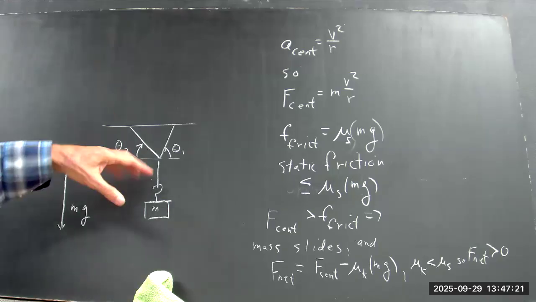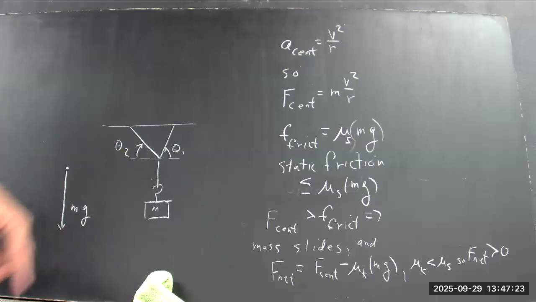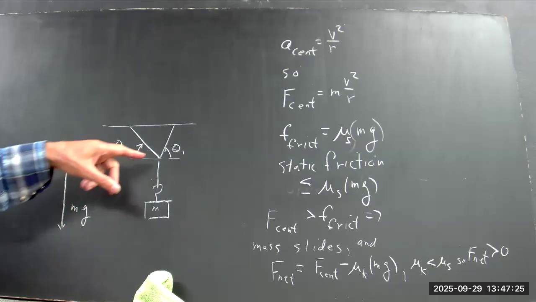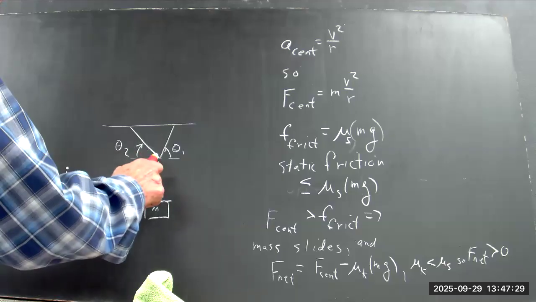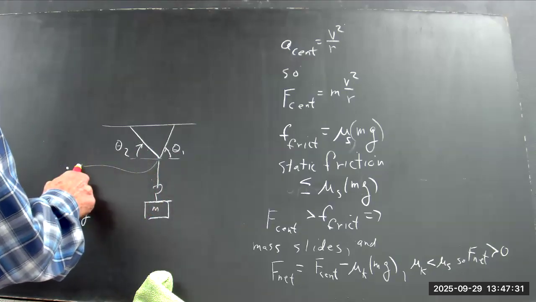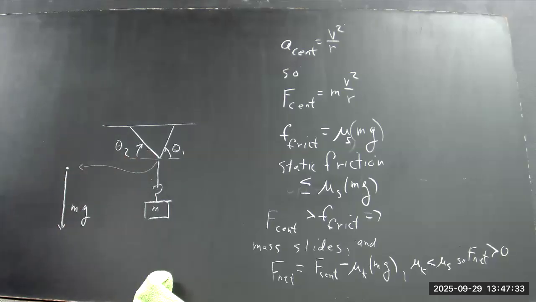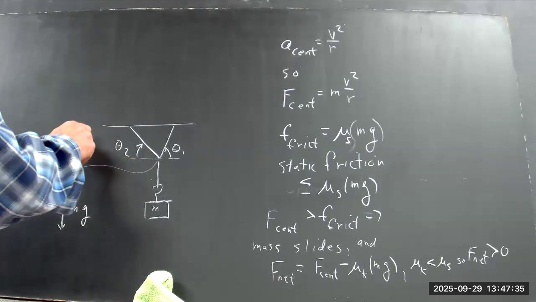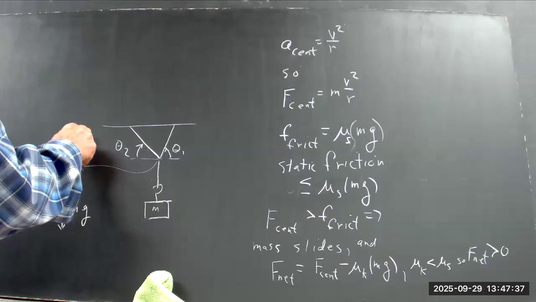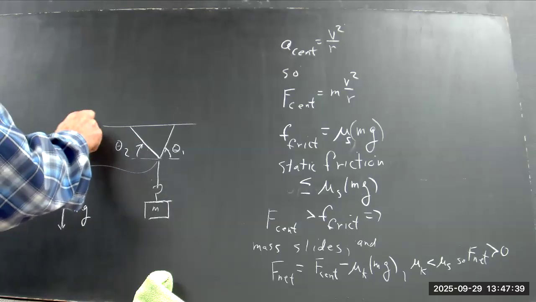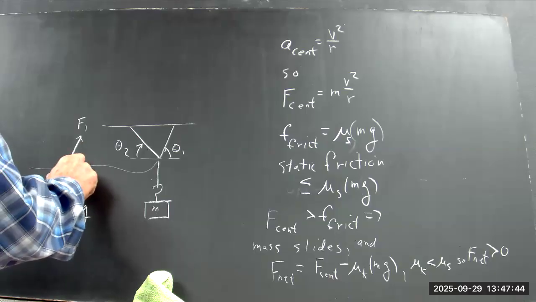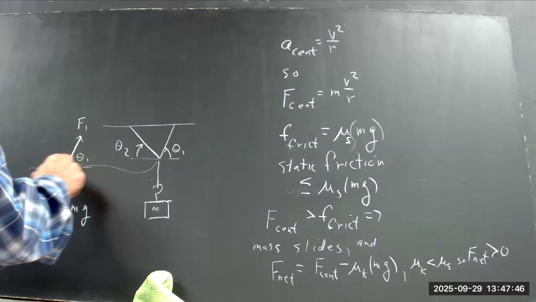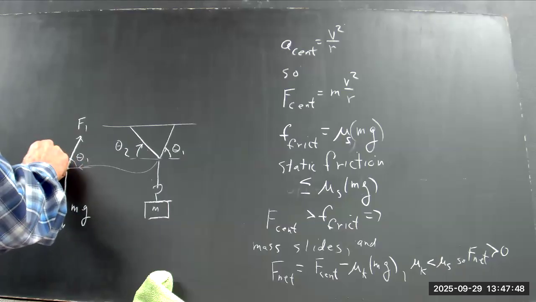Okay, well, anyhow, you've got mg. So right now we're ignoring the mass of the wire, and that's the force that's acting at this point. So really, we're looking at the forces that come together at this point. Then you have force F1, and this angle is theta 1.